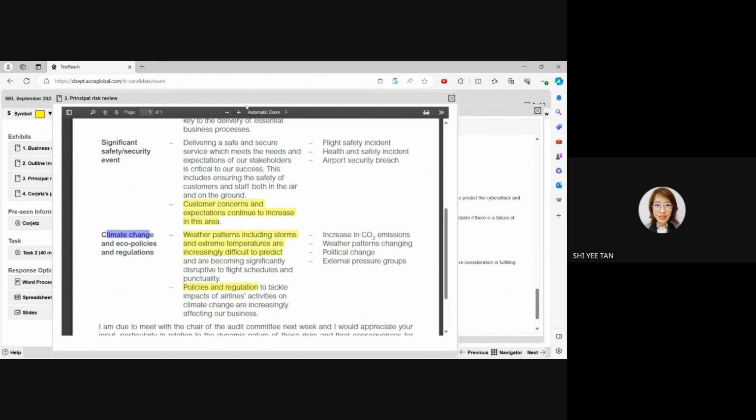So you need to have more safeguards or you need to have more backup plans. If the weather goes like this, then how are we supposed to do? What are the things that we are supposed to do? You need to have more backup plans, right? Policy and regulations increasingly affect our business because nowadays, regulations cover more aspects of the airline industry.